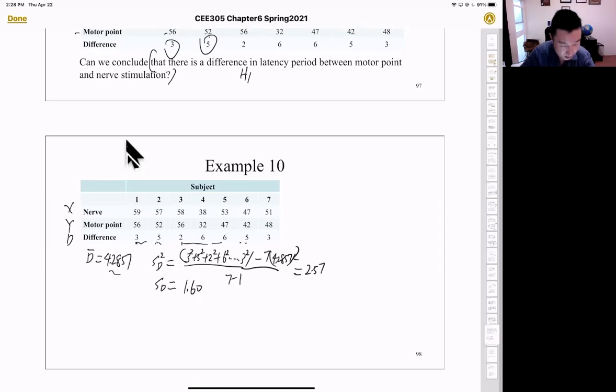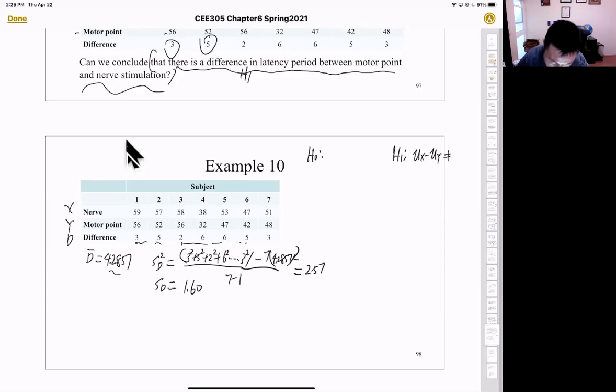Because the sample size is small, we use the student's t distribution. But first, we need to set up H0 and H1. H1: there is a difference between nerve and motor point. When there's a difference, it means mu x minus mu y will not equal 0.